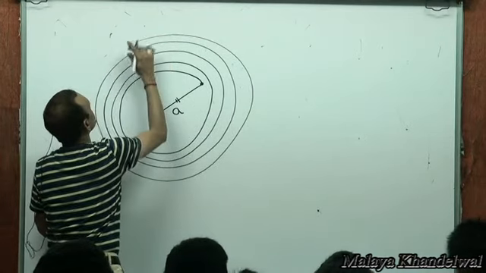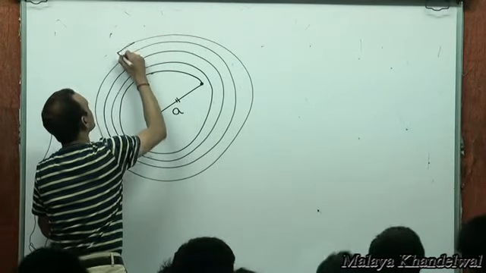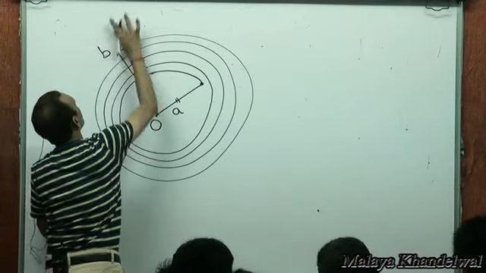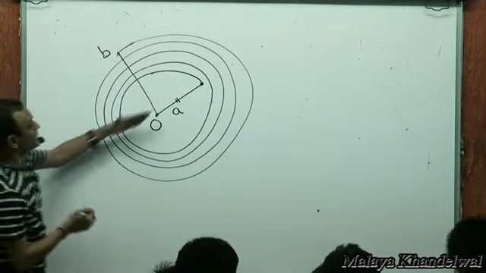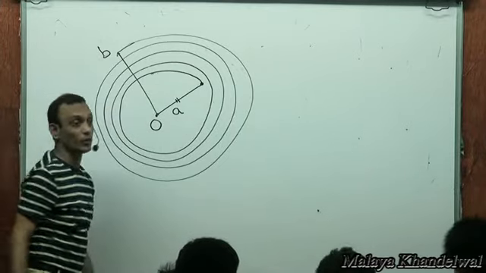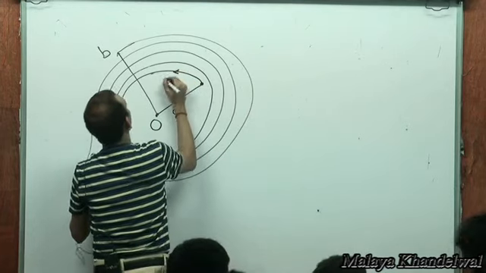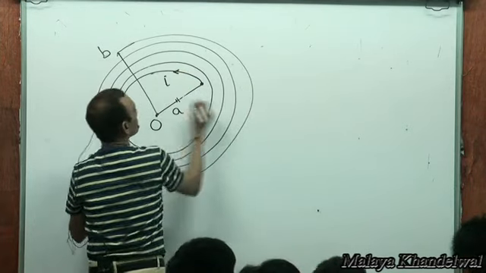The inner radius was small a and the outer radius was small b, say. And say it was carrying a current I like this way.